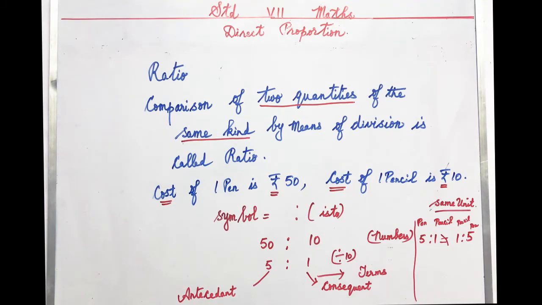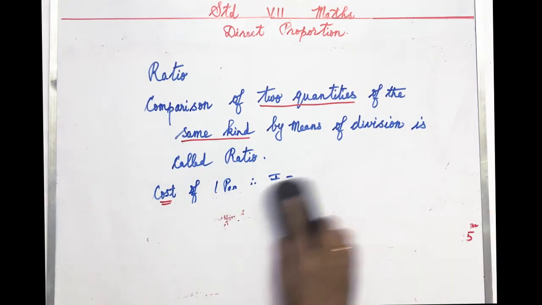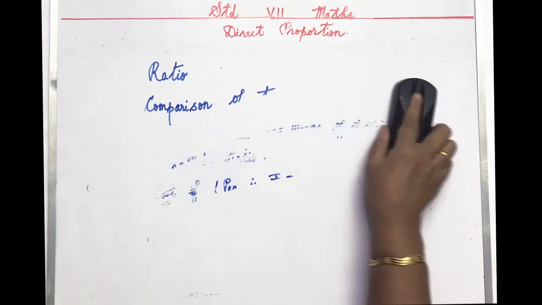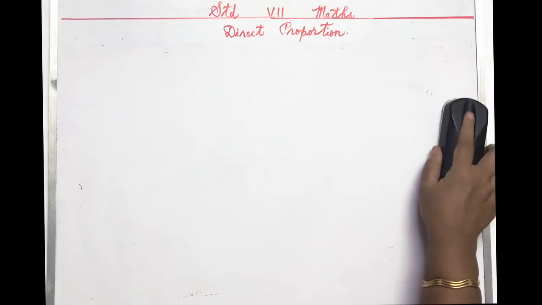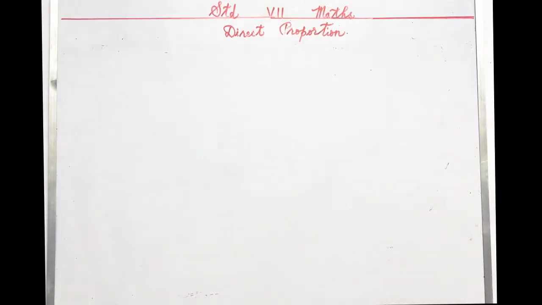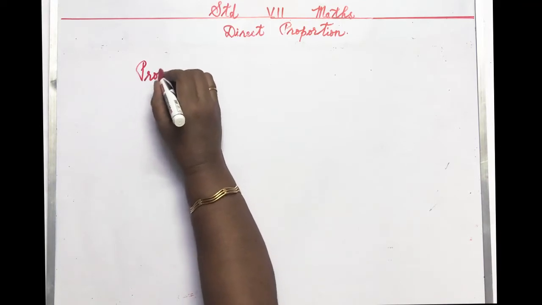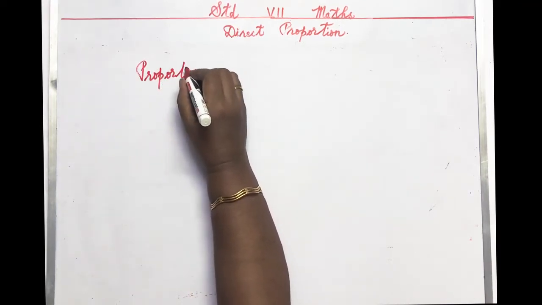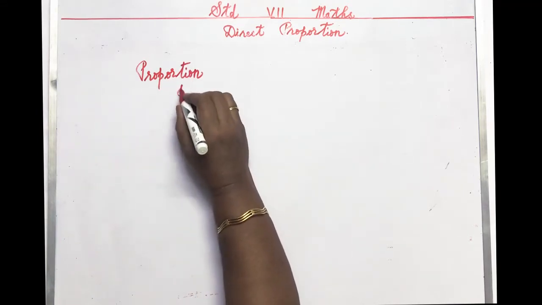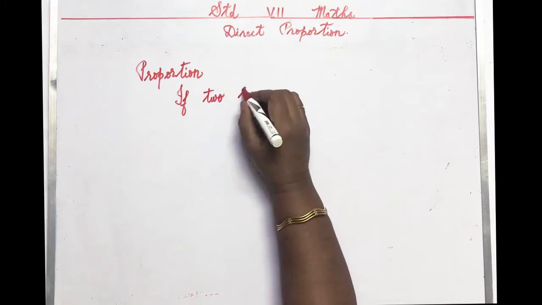Next we shall see what is proportion. Now we are going to see what is proportion. So if two ratios are equal, we call it as proportion.